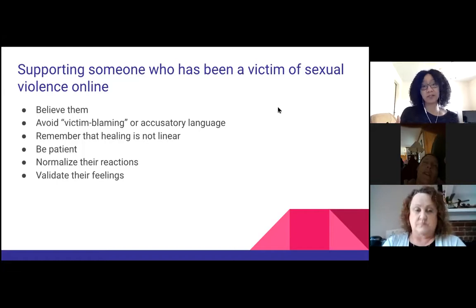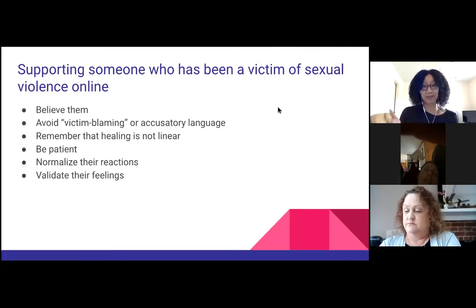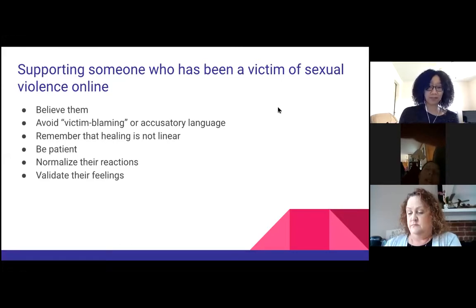But it's important to remind them that, like she said, everybody's healing journey is not the same. So some people may say, why is this not working? Or they may feel even more down on themselves. And it's okay to say, I understand this is frustrating. If you're supporting someone, it's important to remind them to be patient with themselves and for you to be patient with them as well, as Sarah said, because healing is different for everyone.